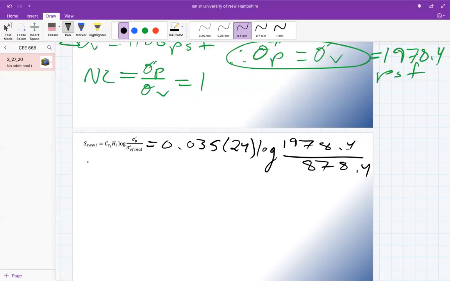So when we do this math, we're going to find that our swell is going to be 0.2962 feet, which equals 3.5 inches. And we are using this equation because normally consolidated clay means no recompression curve, so no C sub C. So that's why we're using this.